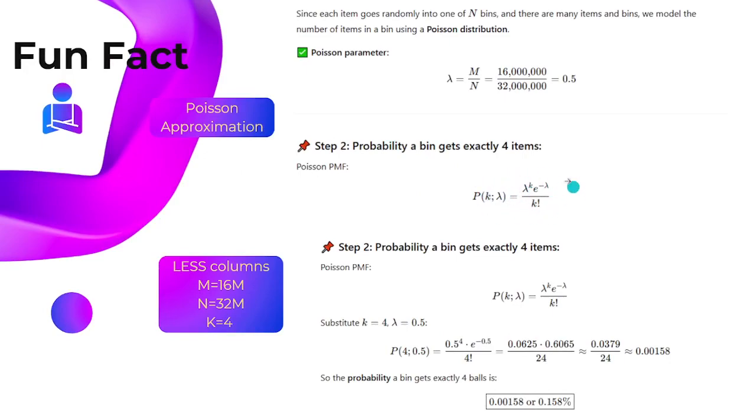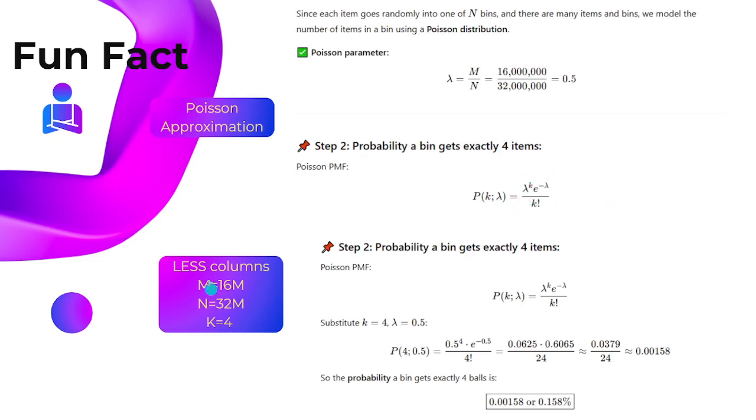Under some simplification, it looks like this: lambda to the power k, e to the power minus lambda, over k factorial, where k is the number of items in our bin, and lambda is nothing but m over n. M is the number of balls we're trying to throw into n bins, and k is how many items you can store inside one bin, the capacity of each bin. So that is the formula.